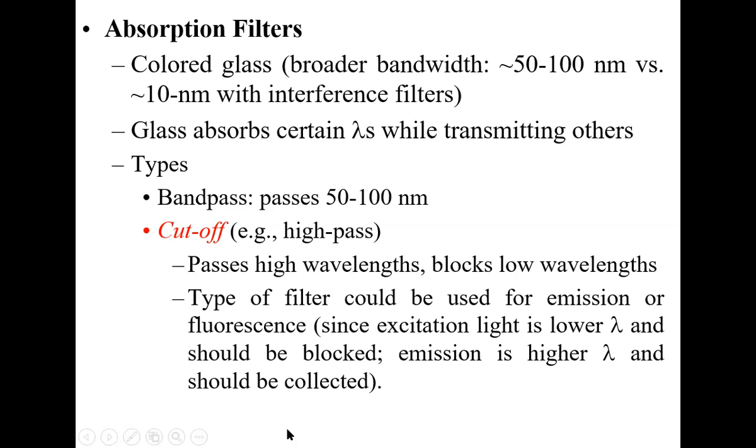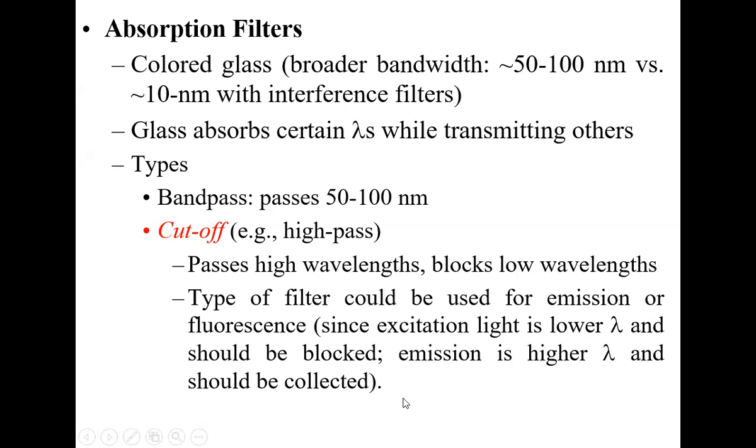Usually you excite it at, let's say, 270, and you don't want the same light to come back, so you step ahead. I usually use 10 nanometers from 270, so that you don't capture the excitation light. That's where you use these cutoff absorption filters.